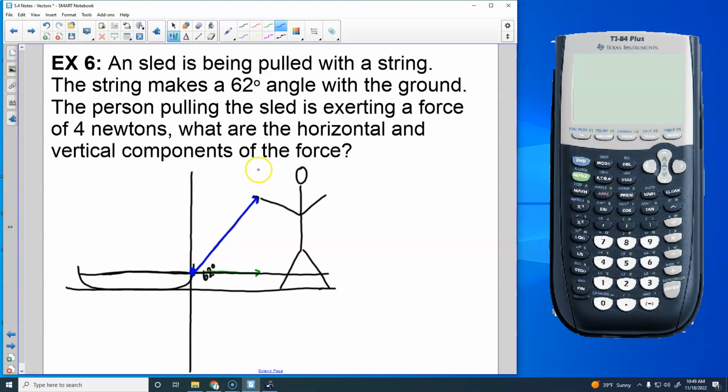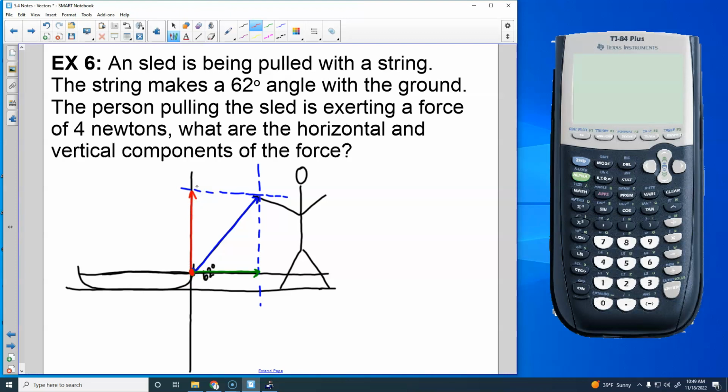So I'm going to make a parallelogram for it, and that parallelogram needs to be a rectangle. It's not the best rectangle in the world, but that's a rectangle there. So we've got a horizontal component, and we also have a vertical component.